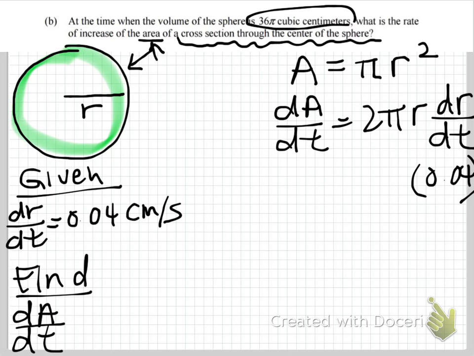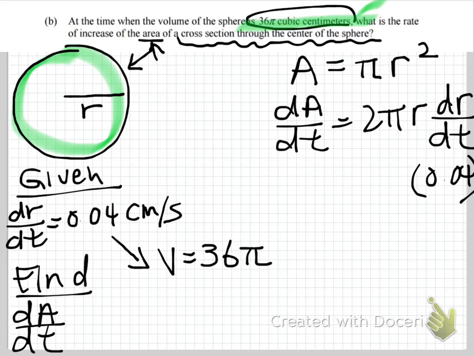So let me look back at this information that I was given. This one right here: 36 pi cubic centimeters. Let's see if we can use that to figure out r. I know that the volume is 36 pi.